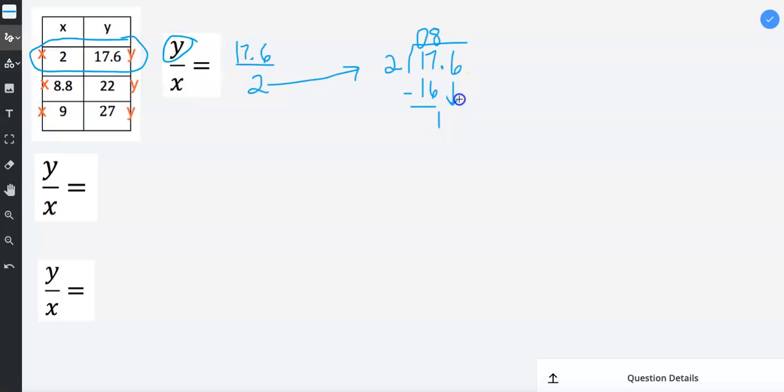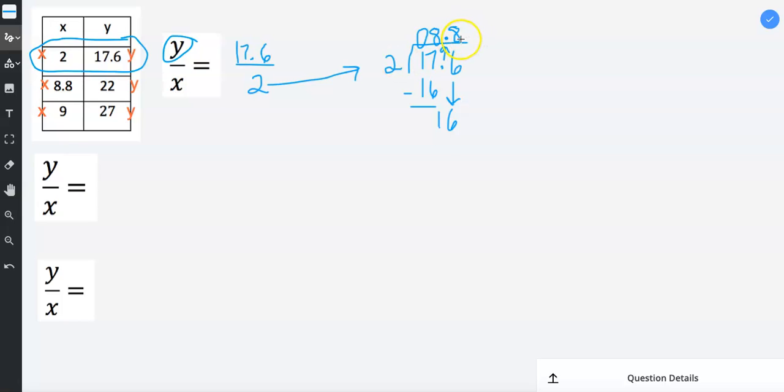I cannot ask the question until I bring a number down. Now I may ask the question, how many times does 2 go into 16? 8. The answer to the question goes at the top, and I also noticed at this point that I need to bring the decimal upwards.